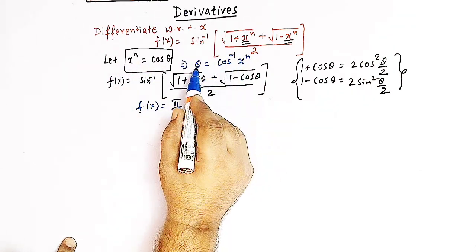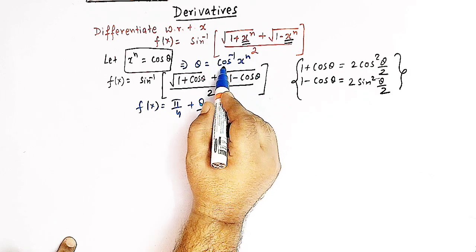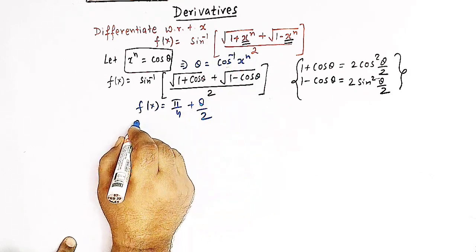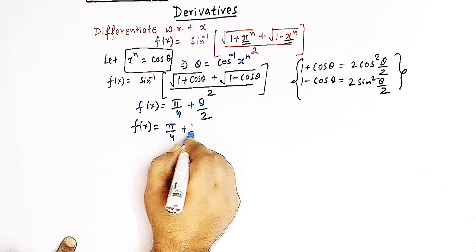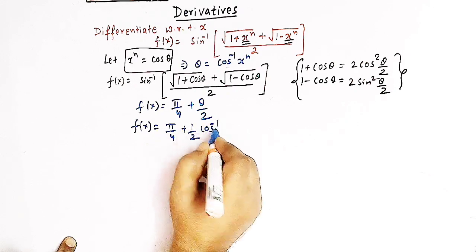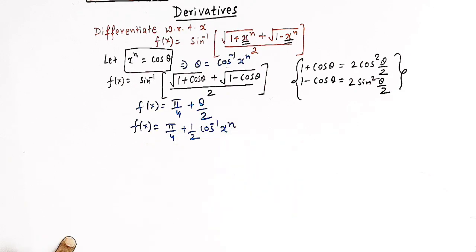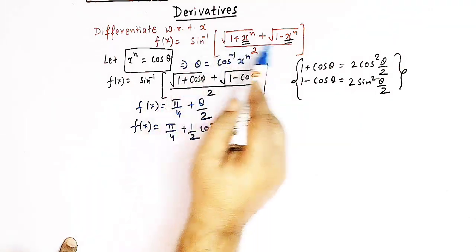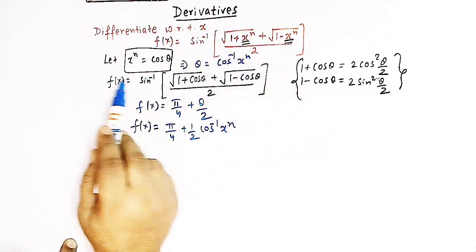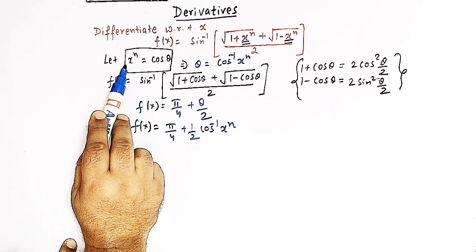So let us replace theta by this expression. We have f of x is pi by 4 plus half cosine inverse x raised to n. This is the simplified form of the expression using this substitution.